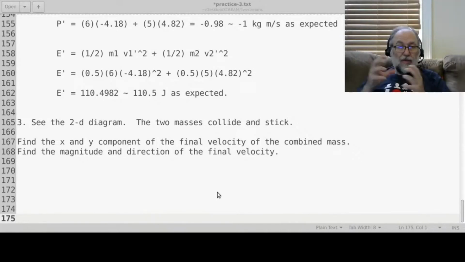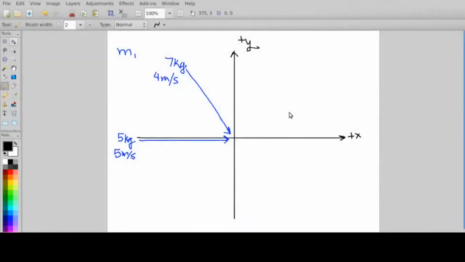The first question is find both the x and y components of the final velocity of the combined mass, and the other one is find the magnitude and direction of the final velocity. Obviously the first question is give me the answer in Cartesian, and the second one is give me the answer in polar.